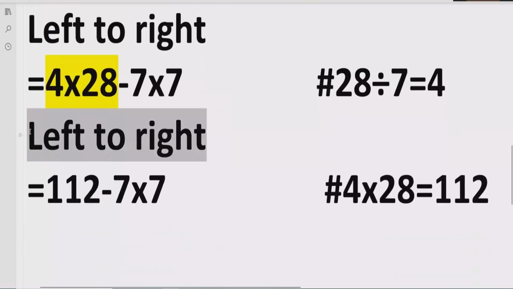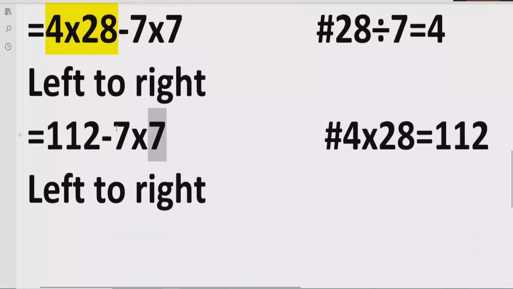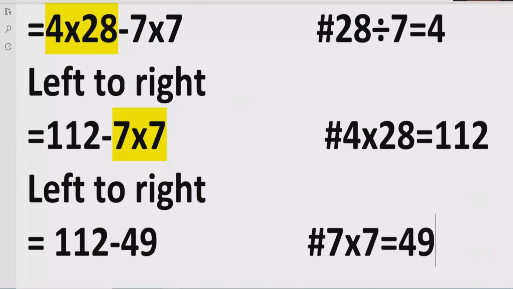Now move forward again. We look for division and multiplication. We have the multiplication again, so first we solve this one. Now we have 112 minus 7 multiplied by 7, which is 49. So the answer of 7 multiplied by 7 is 49.